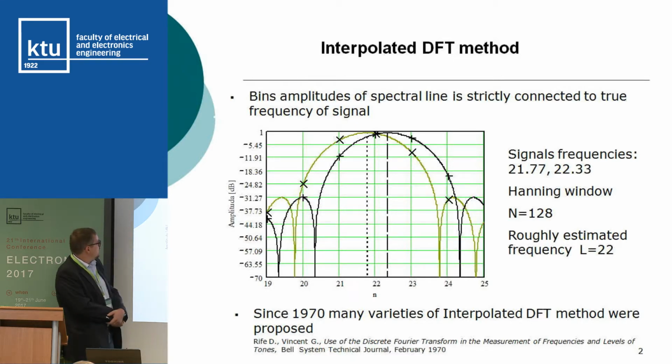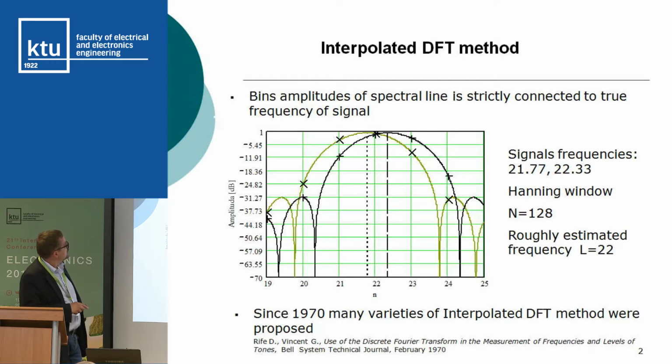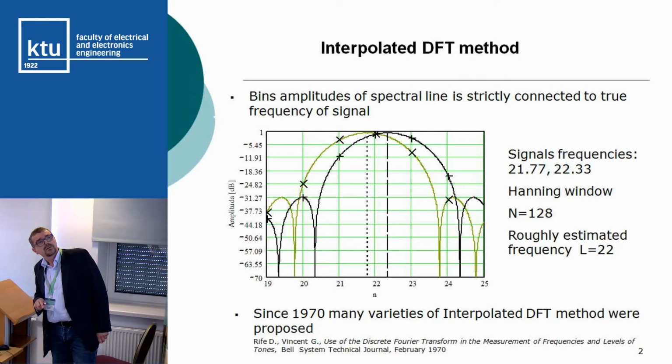But, as you can see, the shape of the spectral line still has information about the true frequency of the signal. And interpolated DFT methods, because there are many of them, simply use two or more greatest points to calculate the displacement from the nearest integer.